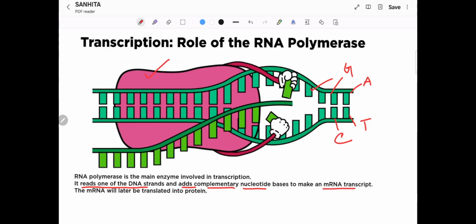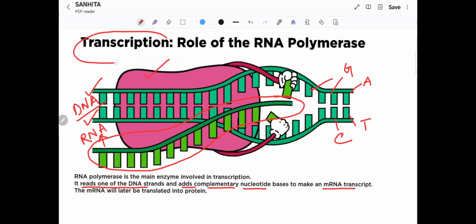This is the newly synthesized mRNA, synthesized from the DNA. This is DNA because it has two strands. From DNA we are preparing RNA. That is why this process is transcription, and this enzyme is RNA polymerase.